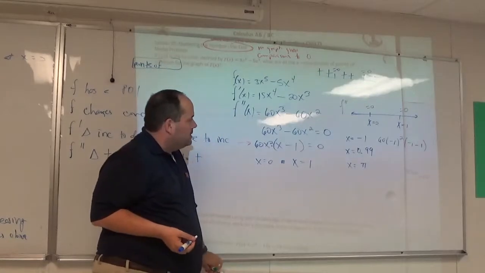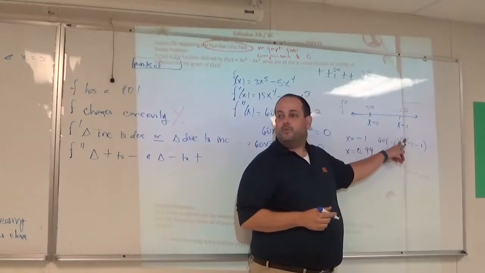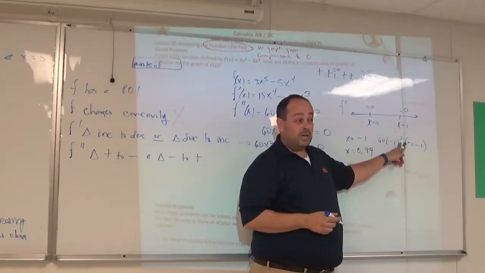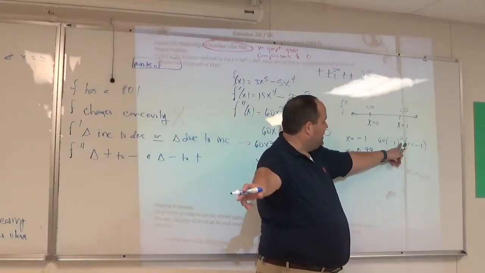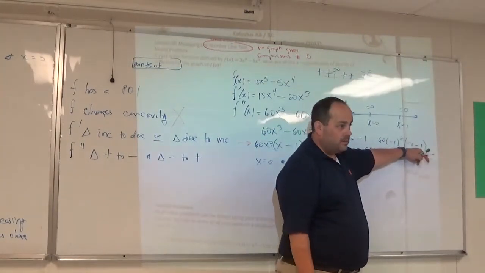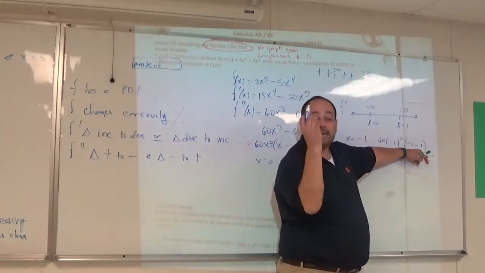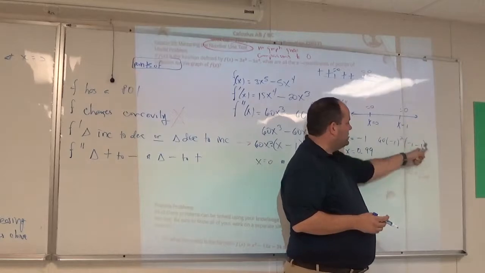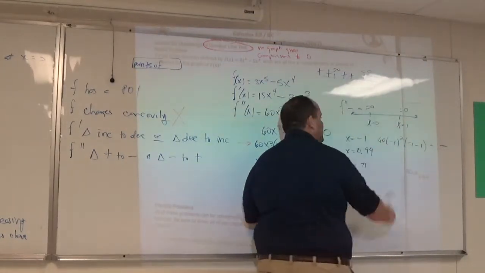Hope it's not 0. 60 times -1 squared: -1 times -1 is 1, but all I care about is positive. 60 times a positive number, times -1 minus 1, which is -2, but I don't care about the 2. I care about negative. 60 times positive times negative is negative. Negative on that interval.